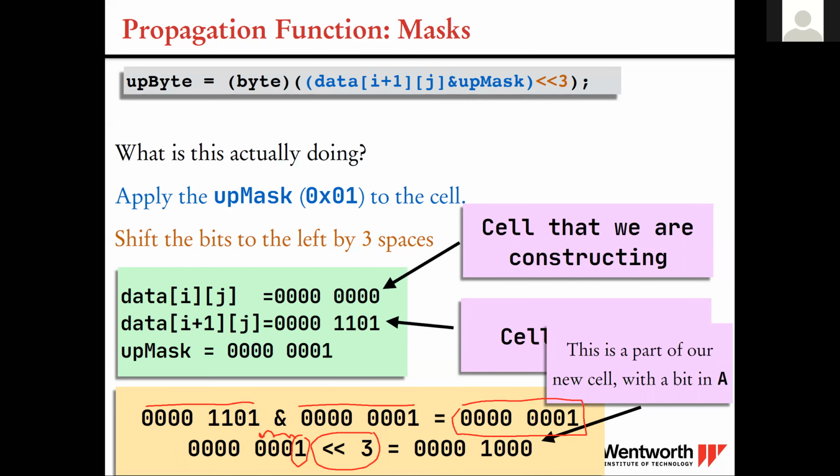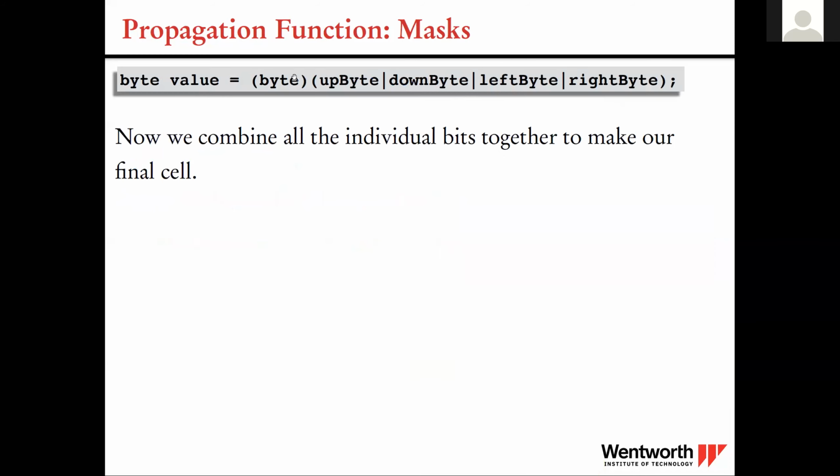So I need to do this in all 4 directions. When I do it in all 4 directions, then I build my full cell together. So all of these, this up byte, down byte, left byte, right byte, we combine them all together at the end. And you combine them, in this case, with a bitwise OR.